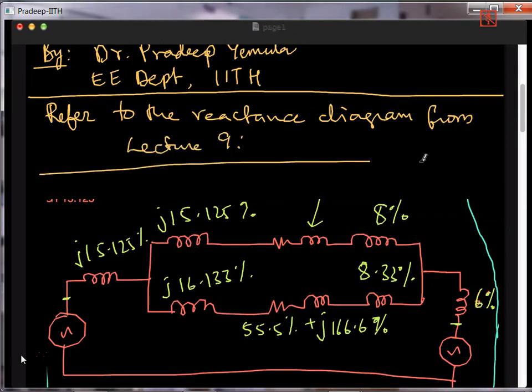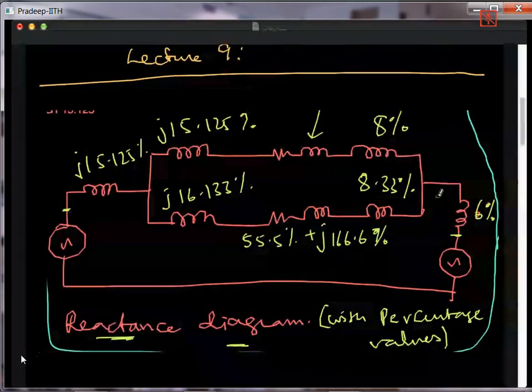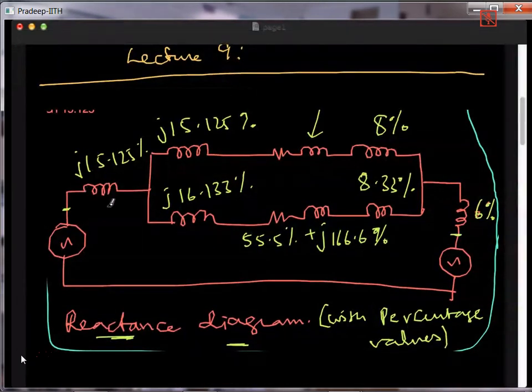Now when you look at this diagram, if you remember, there is the generator, and this is the reactance of the generator, and there is a bus bar here. Then there is a transformer. After the transformer, there is a bus bar. There is another transformer, then a bus bar, and 2 transmission lines between these two. Finally, near the motor, there is another bus bar.